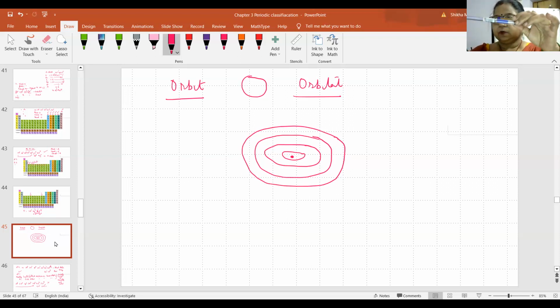See, if it is elliptical, then the nearest circle in the center will be of S. Then afterward will be the P. P will be outer to this, or I can say bigger to it. Then we will have D, and F will be still bigger. Is it making some sense to all of you?